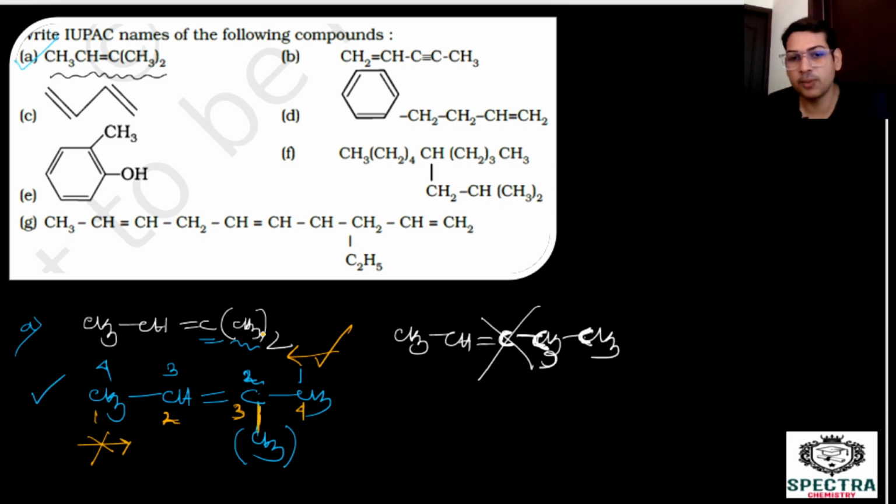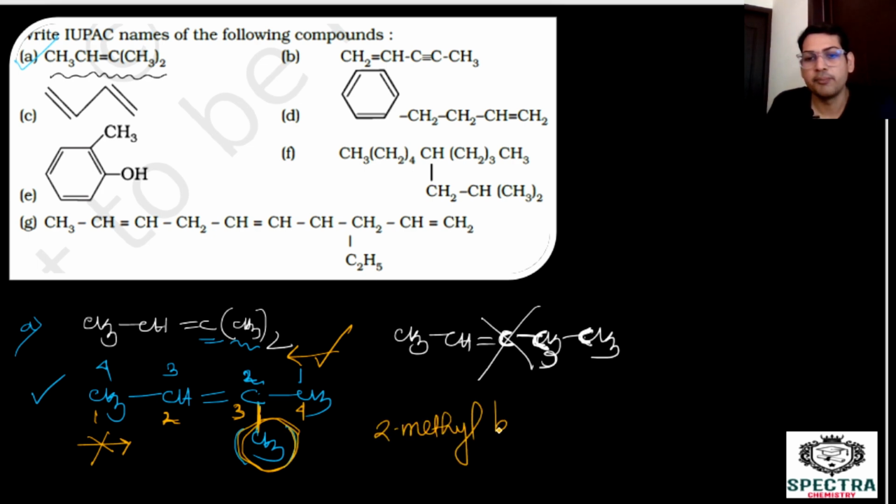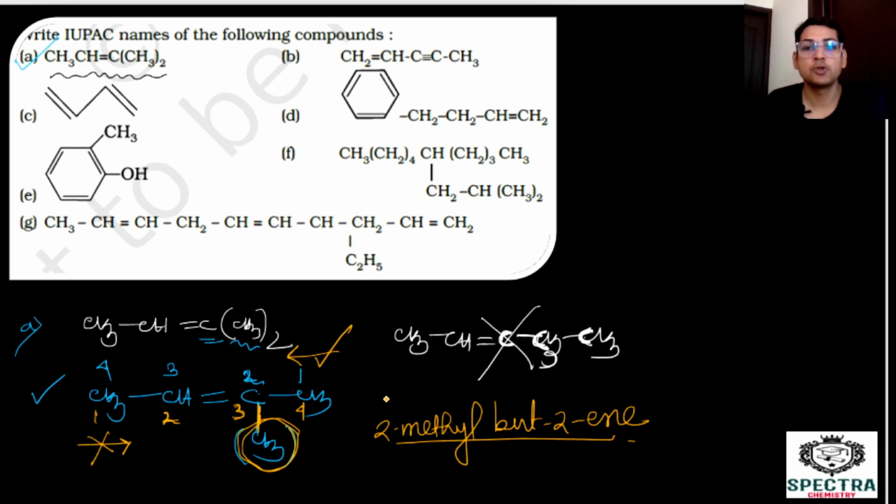What will be the naming of the molecule? At position 2 you have the methyl, so it is 2-methylbut-2-ene. Many things are involved here, and the numbering is the main problem.